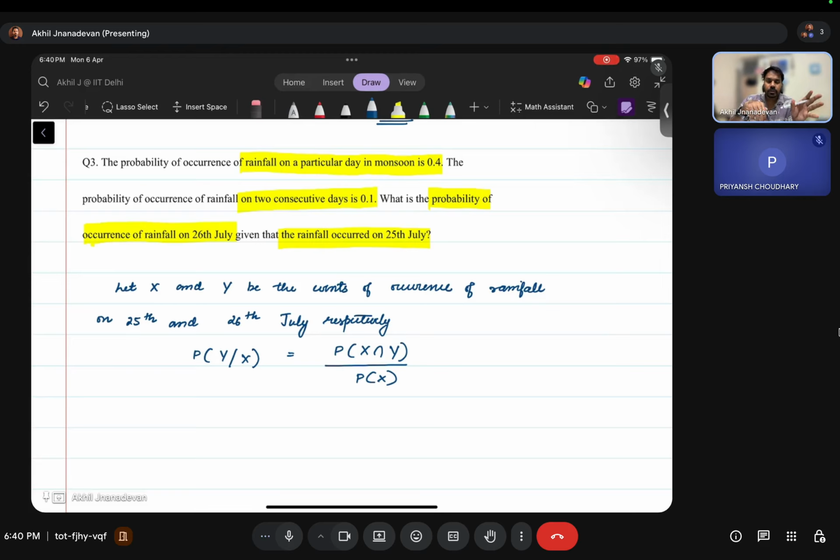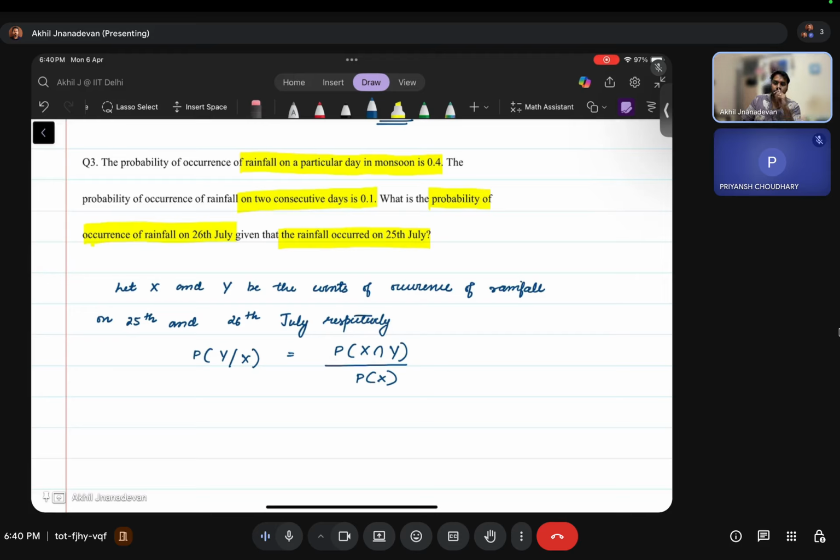The numerator is the probability that 25th and 26th both are rainy days, that is P of X intersection Y. The denominator is that 25th is a rainy day. The resulting probability will be higher, because today is a rainy day, so there is a high chance that tomorrow is also a rainy day. That is 0.1.